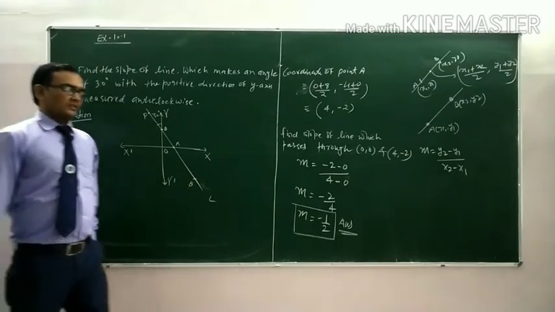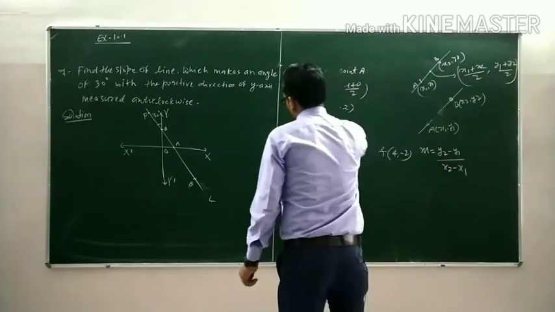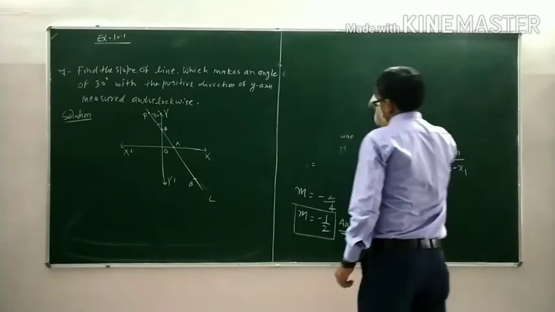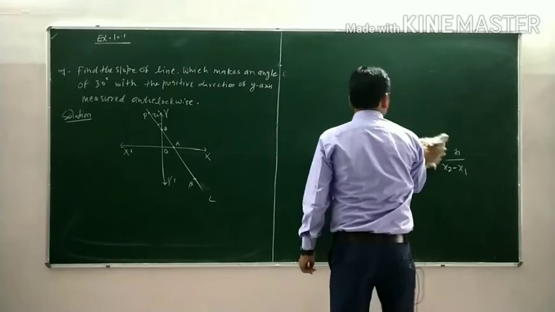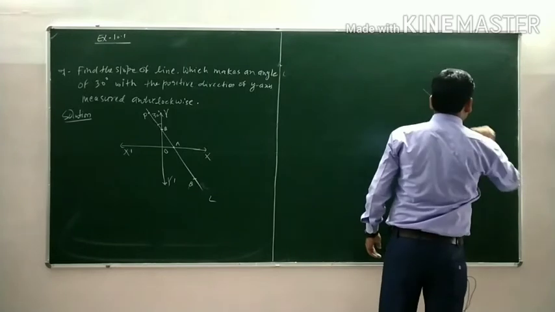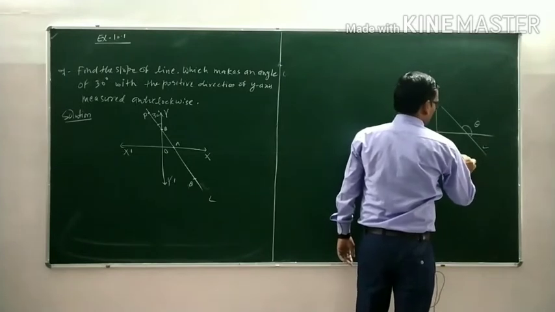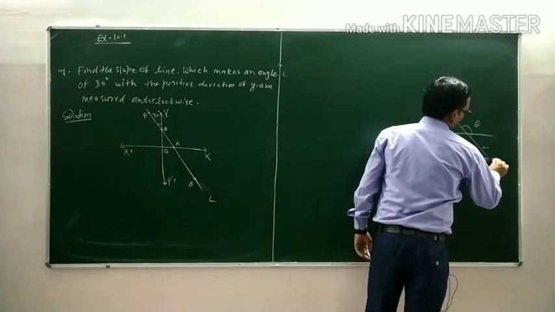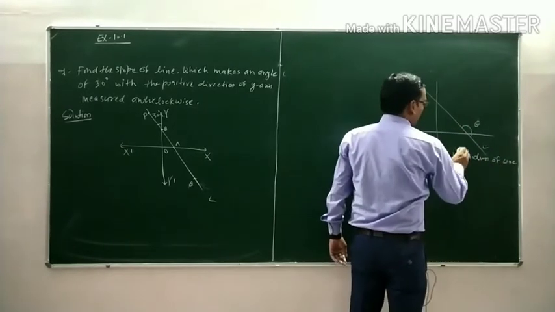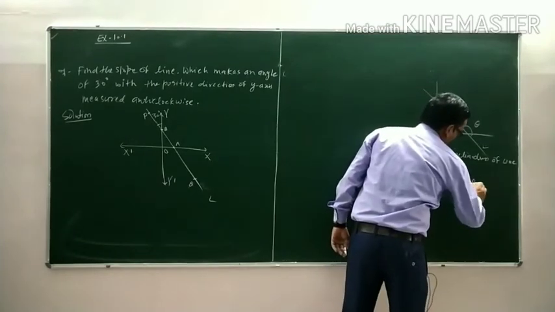If it is given that the inclination of the line is theta, then the slope of the line is tan theta. Okay students, but here theta is not given directly. If it is given that this is an angle of theta, that means this is the inclination of line L. If the inclination of line L is theta, then the slope of the line is tan theta.